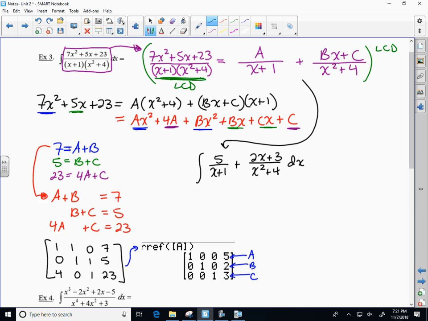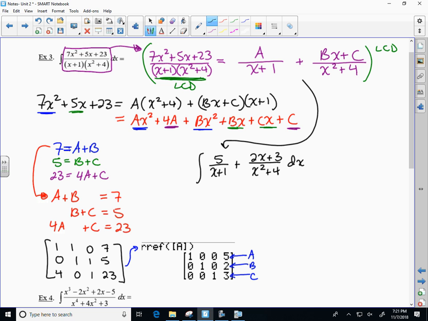So this one's a little bit crazier because now that we have it in a more convenient form, it's good. We got a lot of good stuff done, but there's still more work to do. Because the first part is something I can anti-differentiate right now. The second part requires a little bit more time and effort. All right.